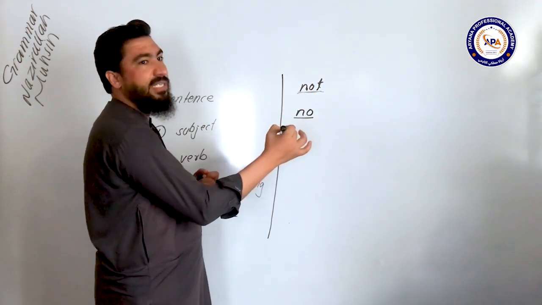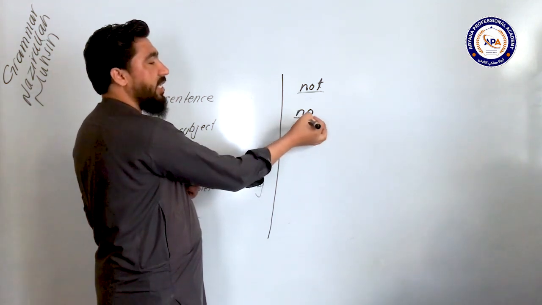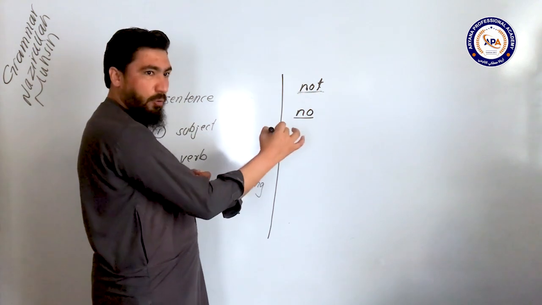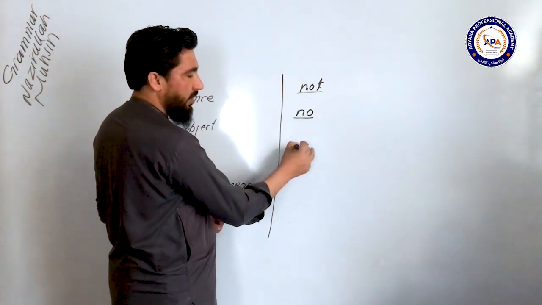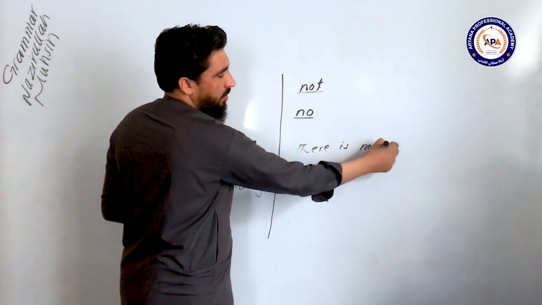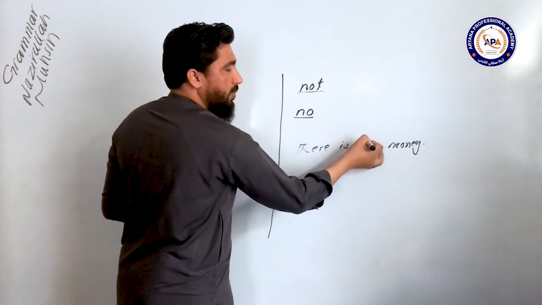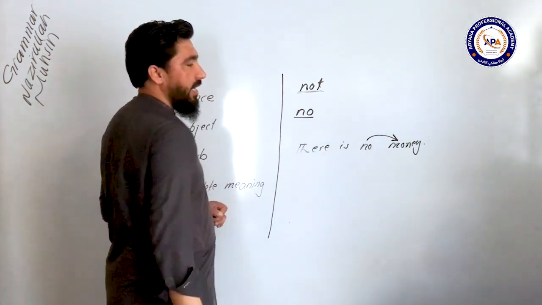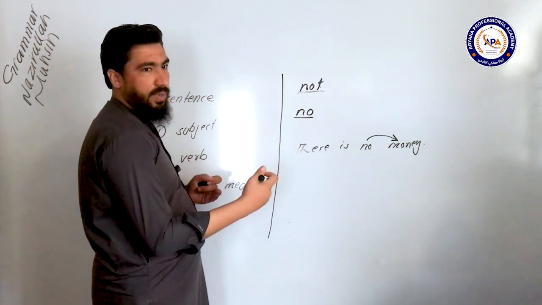Also, it functions as an adjective. It is used before a noun and it means "not," like "there is no money." Only in this case, when it is used before a noun and it negates the meaning of that noun, you can use them interchangeably.